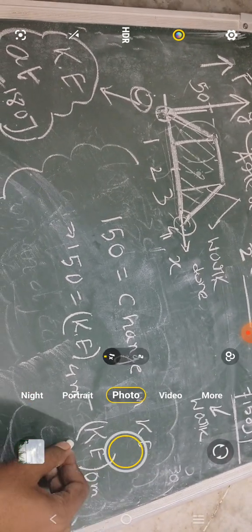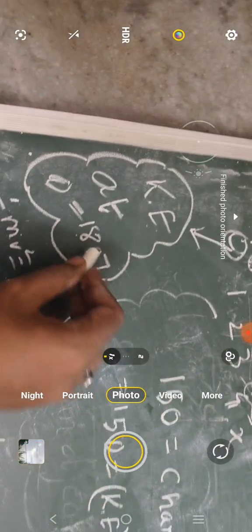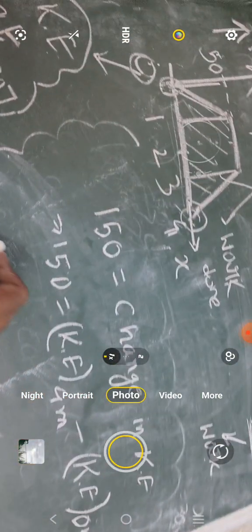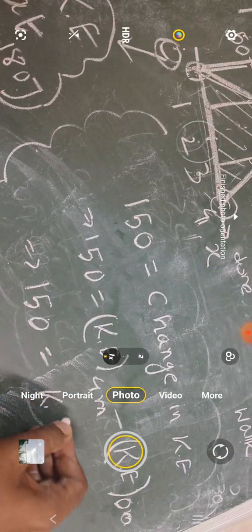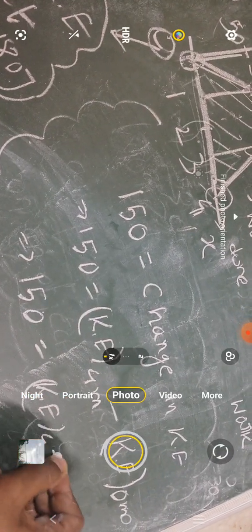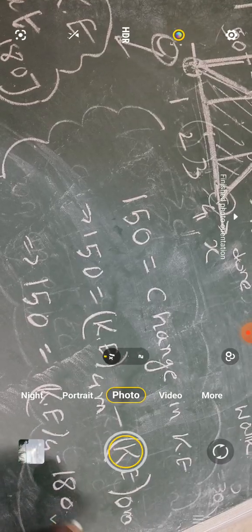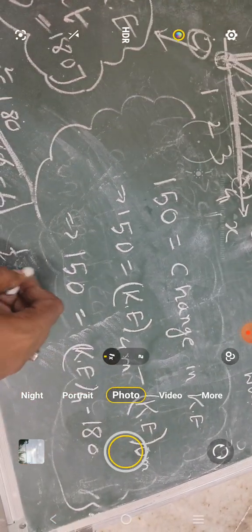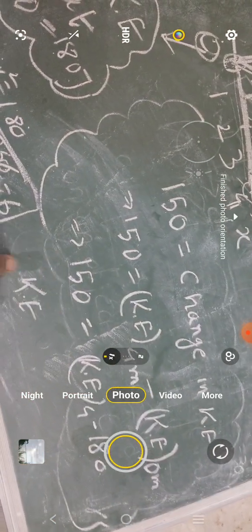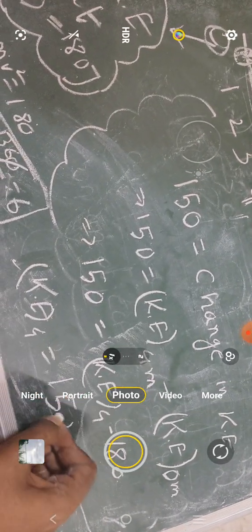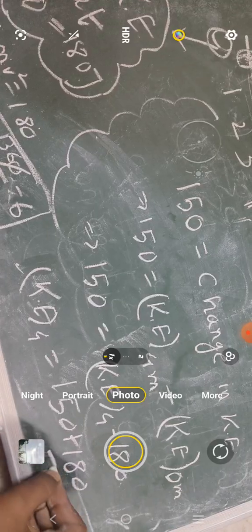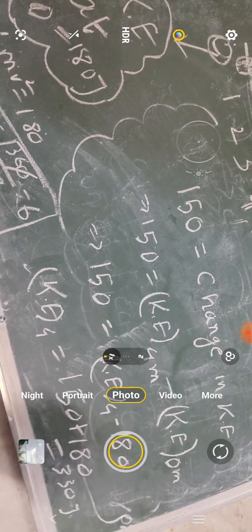Okay, kinetic energy at 0 meter is already given, 180 joule. So 150 equals kinetic energy at 4 meter minus 180. Minus 180 going to this side will be plus 180. Kinetic energy at 4 meter is 150 plus 180, that is 330 joule.